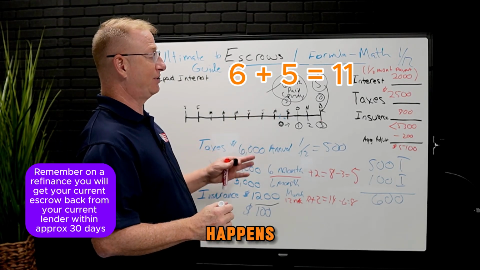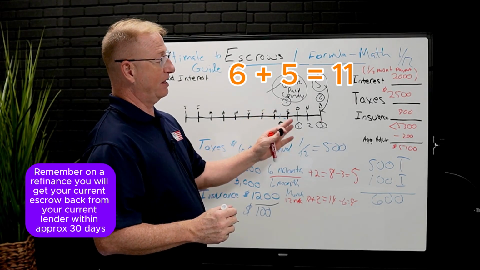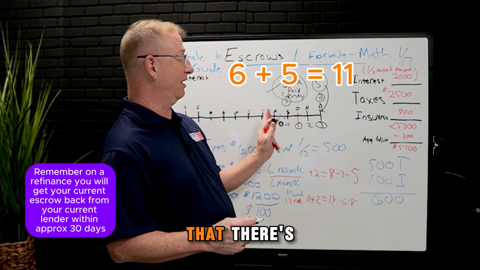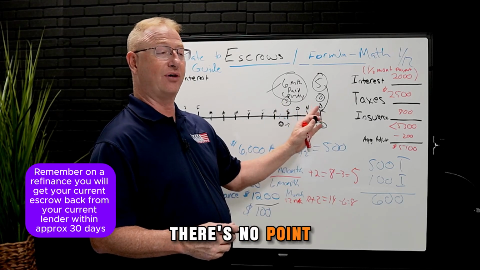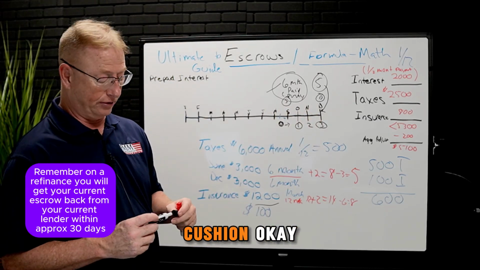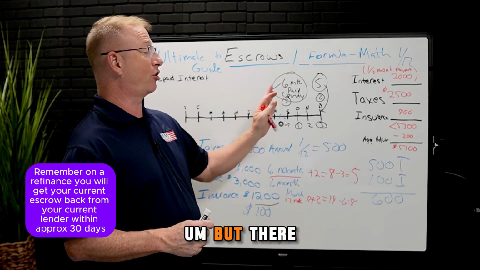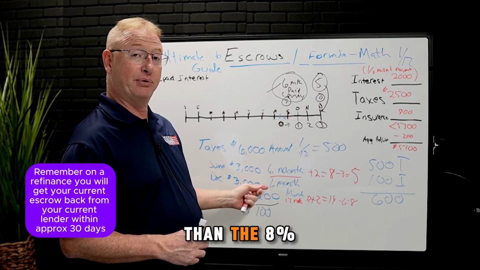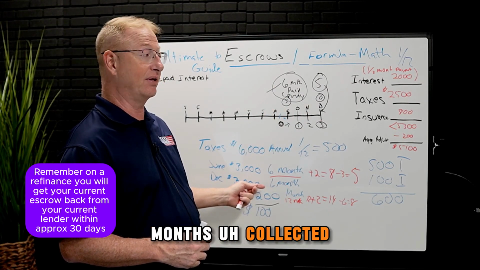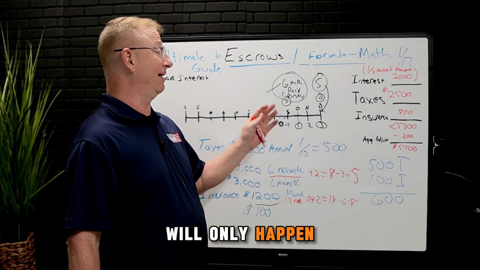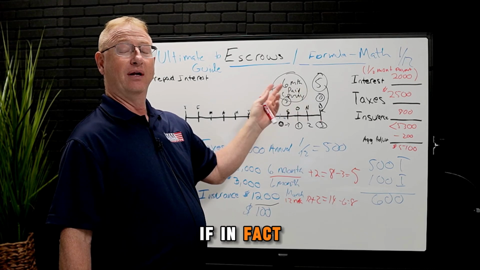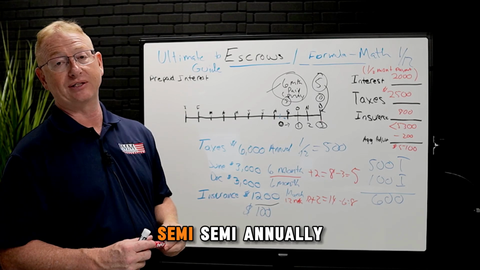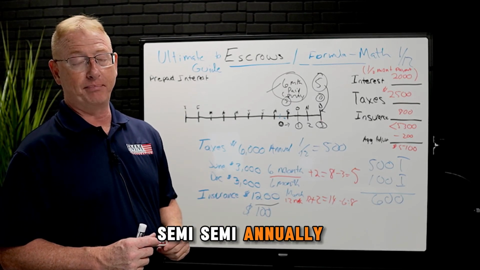Now, when this happens, typically they'll still use the aggregate adjustment and make sure that there's no point in time where there's less than a 2-month cushion. Okay, but there could be an equation where it's actually greater than the 8 months collected, but that usually will only happen if the tax bills are not due 6 months apart, semi-annually based.